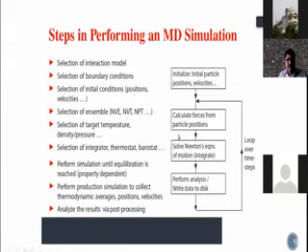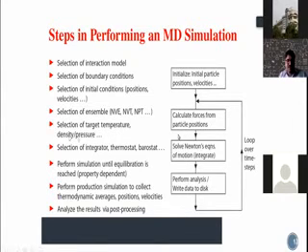NVE or NVT, where the volume is fixed but temperature is not fixed, or NPT, where temperature and pressure are both fixed. So there is an infinite source of pressure and temperature. If the temperature increases or decreases, it can be equilibrated with that ensemble. Then selection of target temperature: what temperature you need to simulate. Normally the simulation proceeds at 300 degrees Celsius.